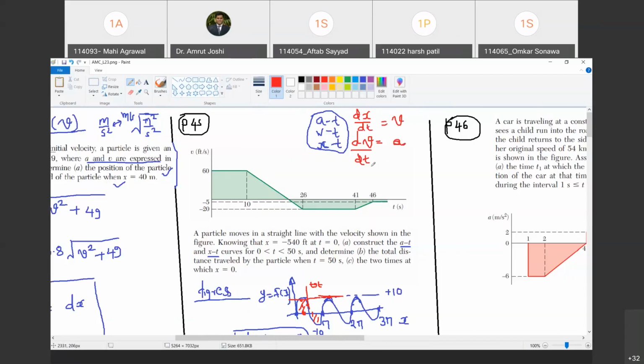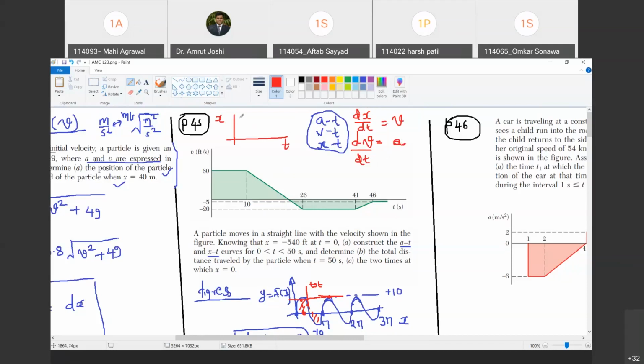ओके, सो अब जरा मुझे बताओ, if I draw a position versus time diagram, देखो आप, position versus time diagram, then dx by dt is what on this diagram? Can you tell me?